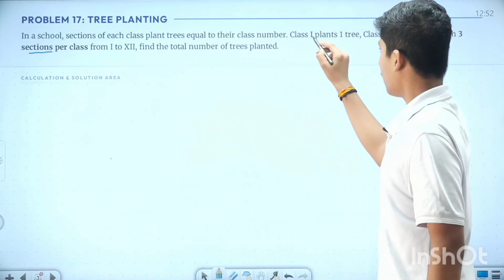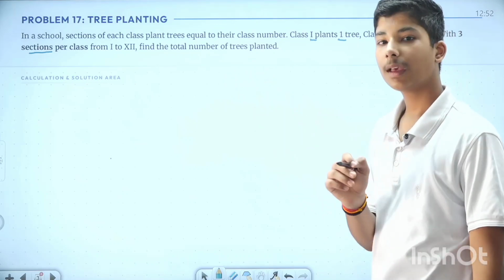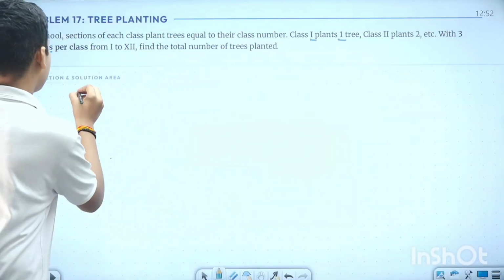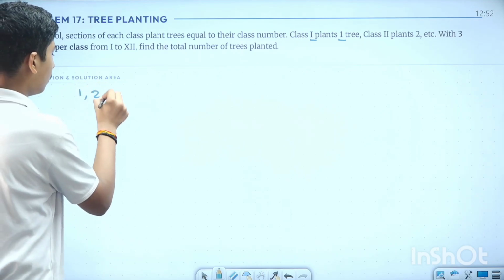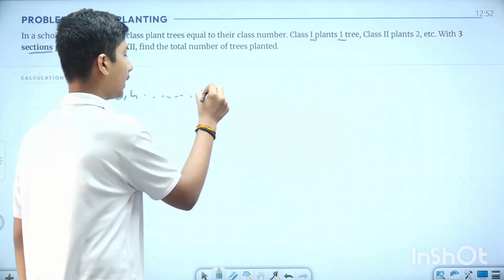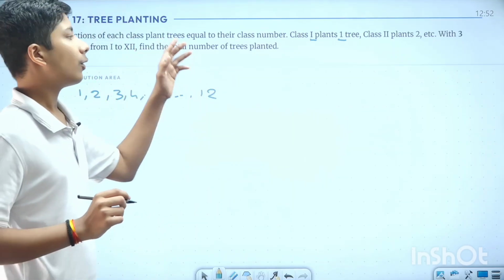So if class 1 plants 1 tree, then there are 3 sections, means there will be total 3 trees. Okay, so what will be the series? 1, 2, 3, 4 and so on up to 12, because there are total 12 classes.